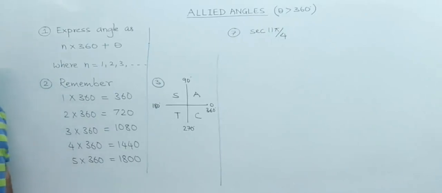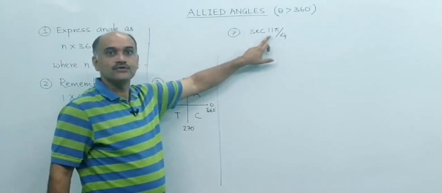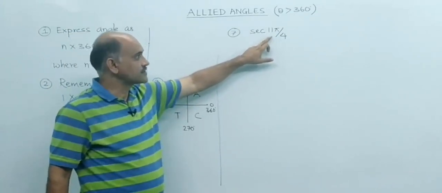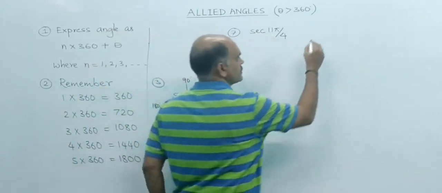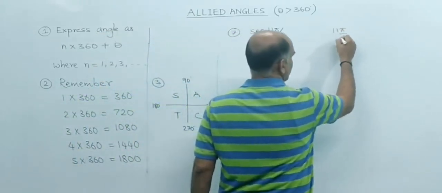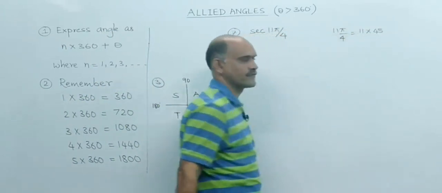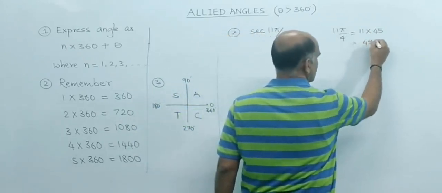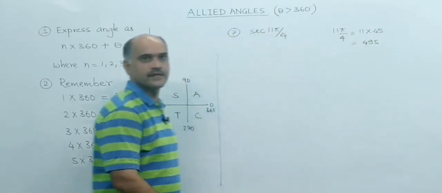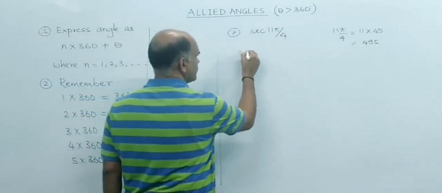First you convert this angle into radian. 11 pi by 4: pi by 4 is 45, so 11 into 45, multiply, you will have the answer 495. So this is secant 495.